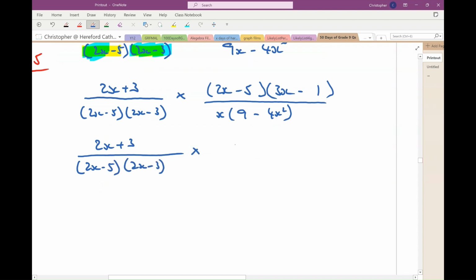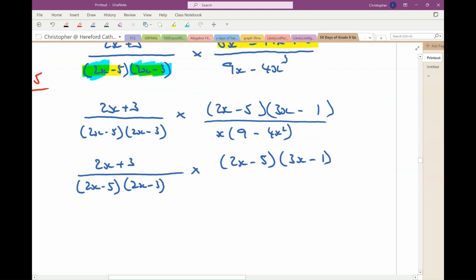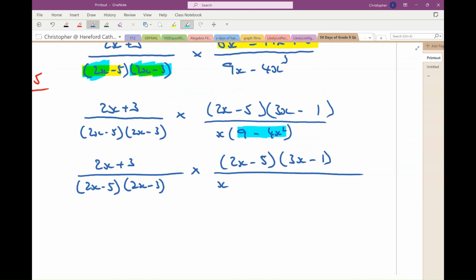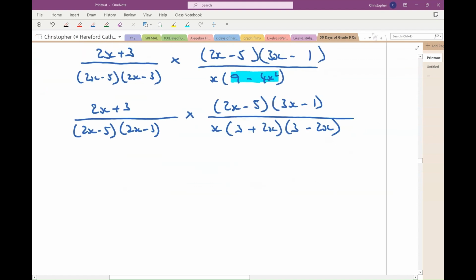Times by, because I haven't finished factorising the denominator of this left-hand fraction yet. So I'm just going to concentrate on one thing at a time. Now this is the difference of two squares there. It's going to be 3 plus 2x and 3 minus 2x. Now let's look for cancelling. I can cancel that and that.